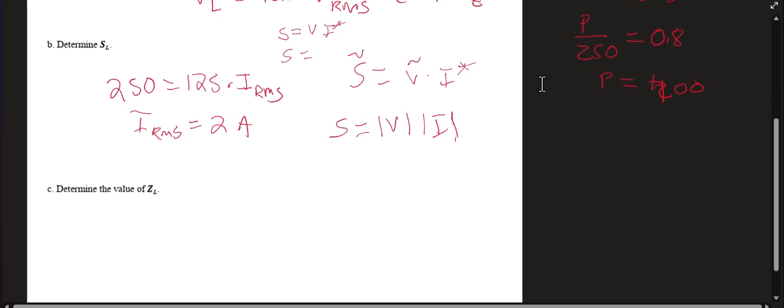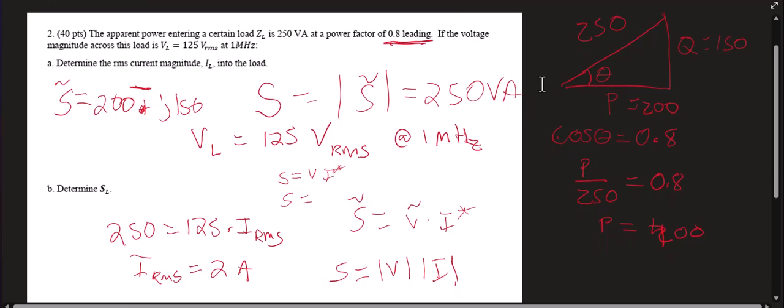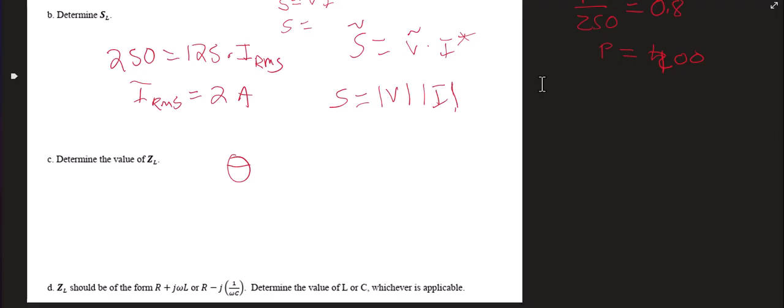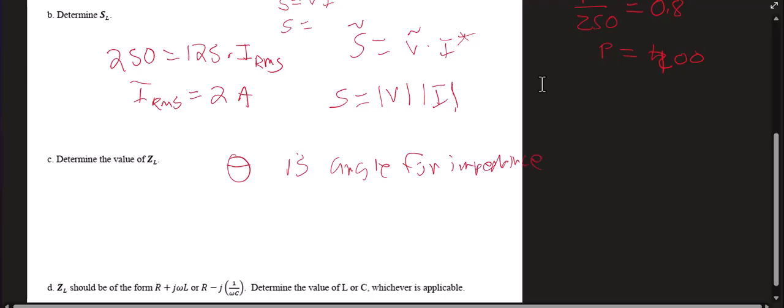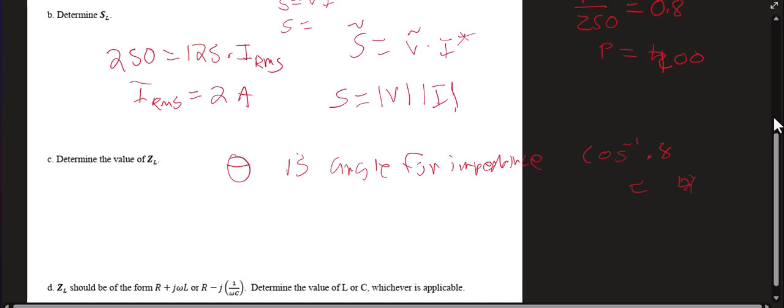Okay, so we know that the angle for this angle that we found in our triangle is the angle for the impedance. And so if I take the inverse cosine of 0.8, it's 40 something, right? Well, 36.8.